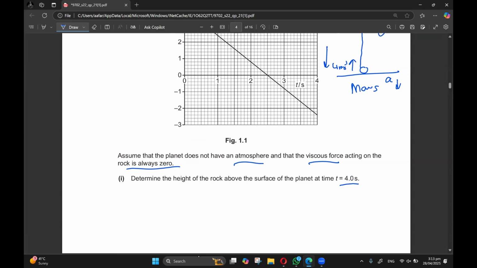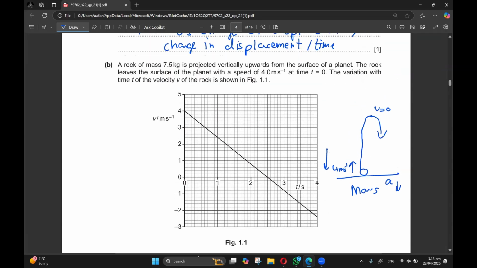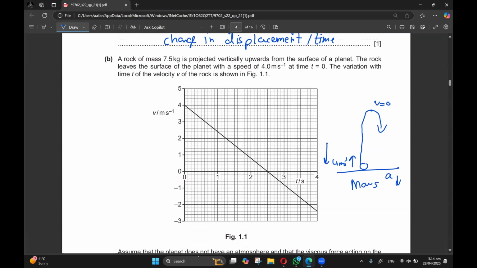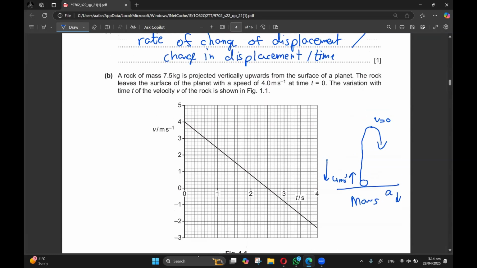So it says determine the height of the rock above the surface of the planet at time t equals 4 seconds. If you can see here, it travels until 2.5 seconds, until its speed is 0. So that means the maximum height takes 2.5 seconds to reach, and after that, 1.5 seconds it comes down. We know that the displacement is basically the area under the graph.